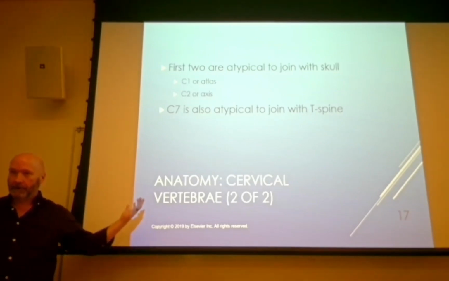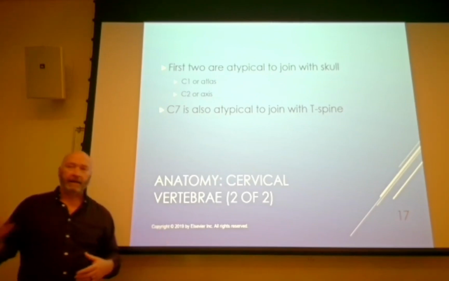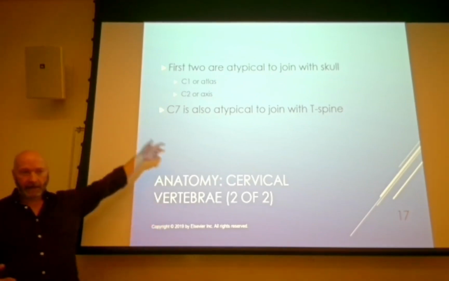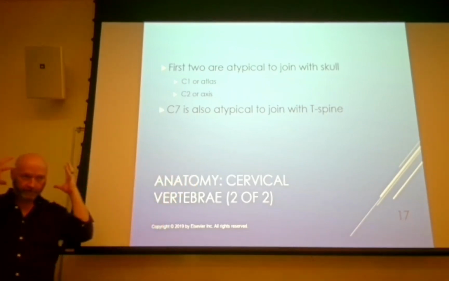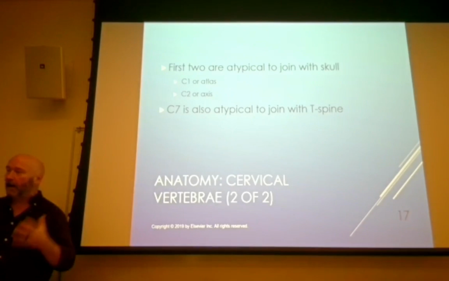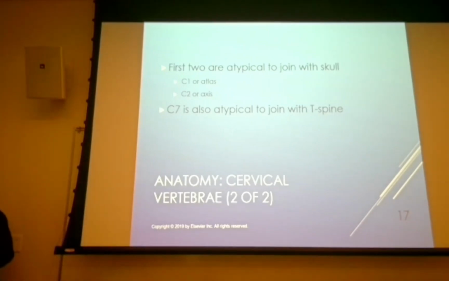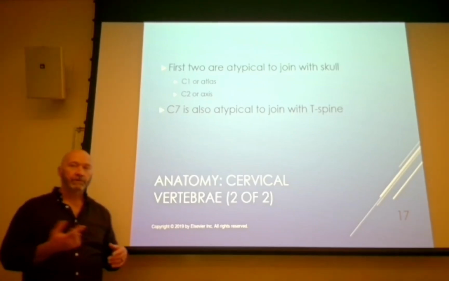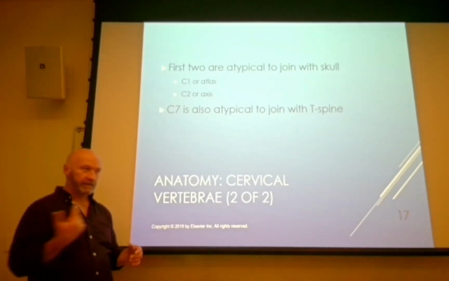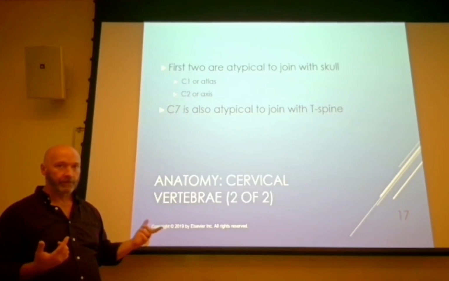Atlas. So Atlas vertebra, C1, is the vertebra that's holding your head up. Closest thing you've got to looking like a globe. And C2 is axis. Most of the rotation in the skull is between those two vertebrae.